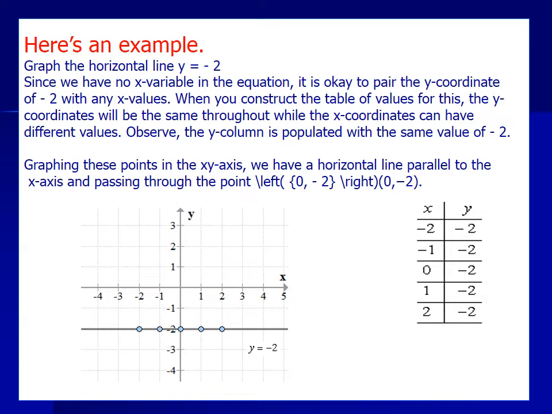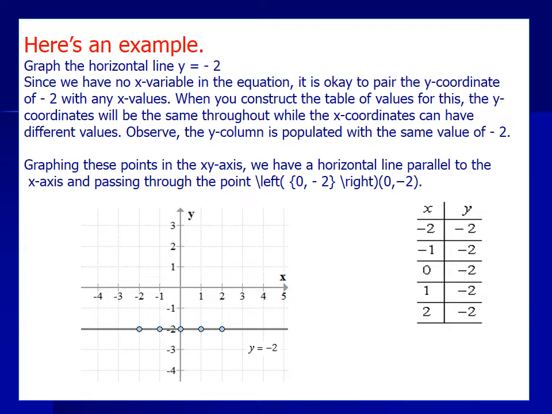Observe the y column is populated with the same value of -2. Graphing these points in the xy axis, we have a horizontal line parallel to the x-axis and passing through the point 0, -2.